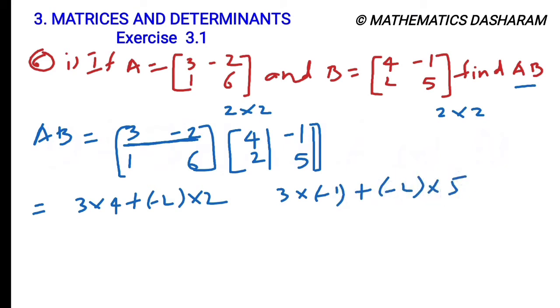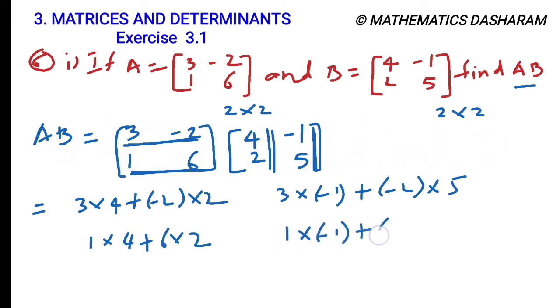Next, coming to the second row, multiply with the first column, but here you should write the answer here. So 1 into 4 plus 6 into 2. Next, same second row, multiply with the second column: 1 into minus 1 plus 6 into 5.